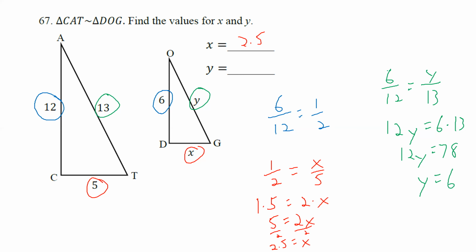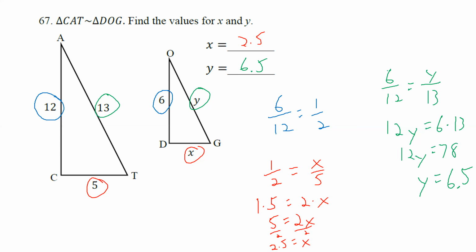I don't know if I did that right in my head. Hold on. Let me check my math because I don't think that's right. 6 times 13, 78. 78 divided by 12, 6.5. Yeah, I was off by a little bit. And if you remember what I had at the beginning, which I kind of forgot about, 6.5, I believe, was the answer I got because that was half of the 13.